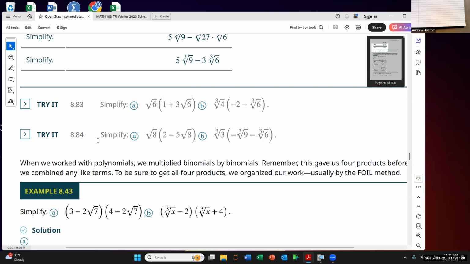So if we look at 884A, the problem is square root of 8 times 2 minus 5 times the square root of 8.